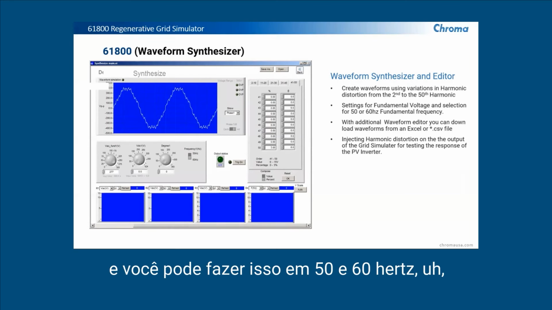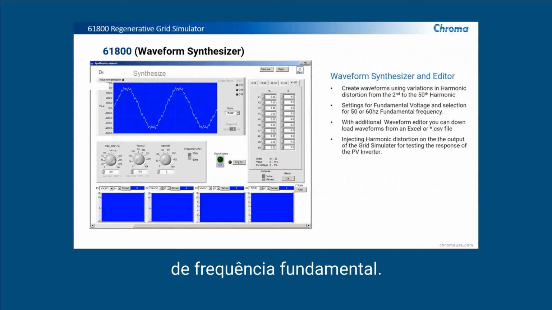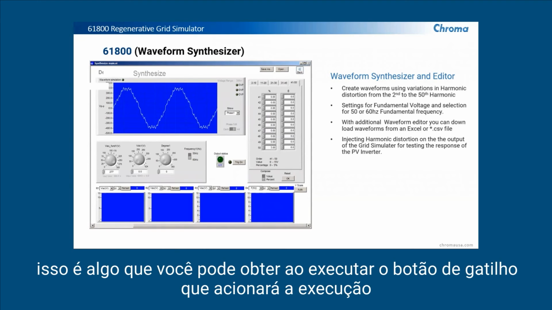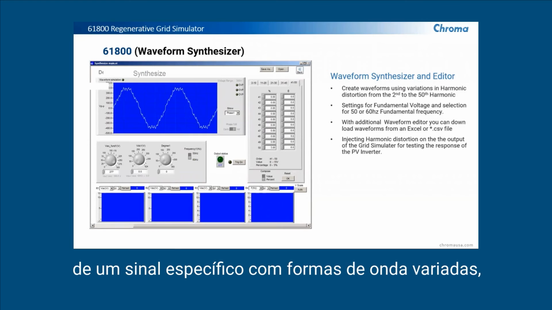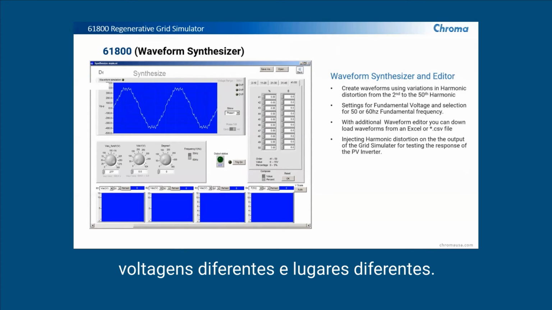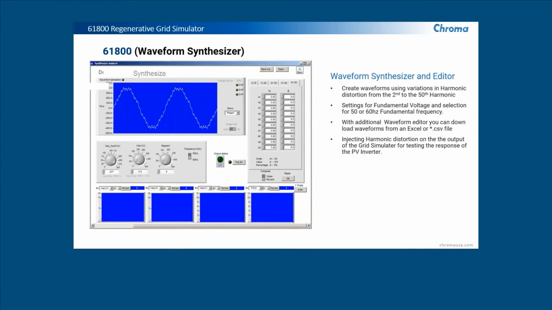And you can do that at 50 and 60 hertz fundamental frequency. You can do it in value or you can do it in percentage. And again, this is something that you can have the output up and running. You can hit the trigger button, which will trigger and run a particular distorted sine waveform, at different intervals, different voltages, and different phases.